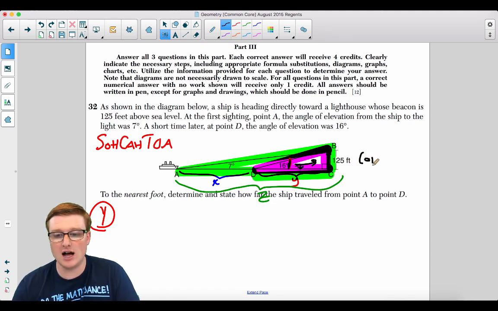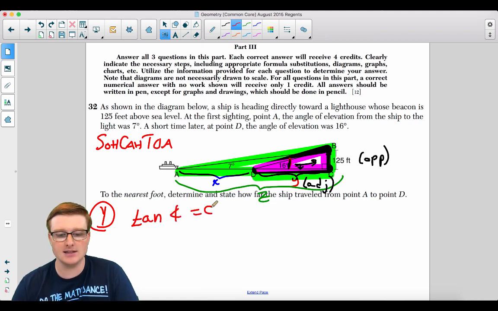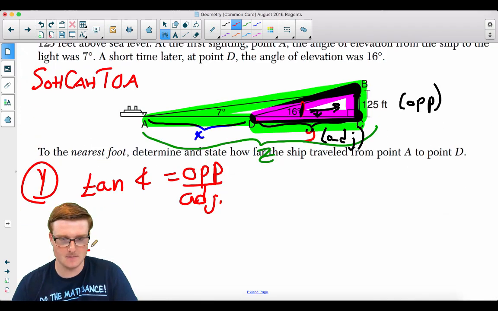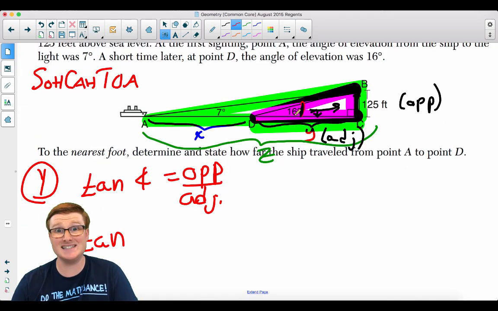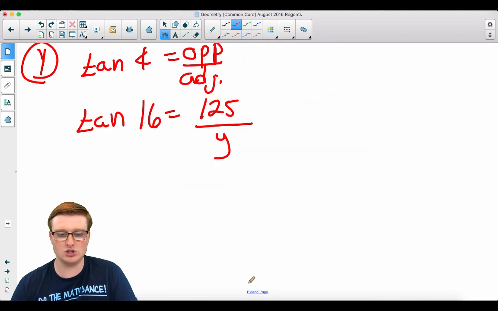So if this is your opposite, and if this is your adjacent, we have to use tangent. So we're using the tangent of some angle is equal to the opposite over the adjacent. Now, we're using the tangent of 16 degrees. That's your reference angle, which is equal to the opposite side, which is 125, over the adjacent, which is Y.